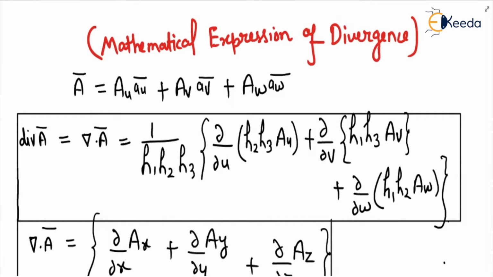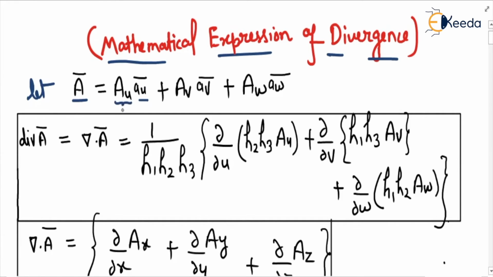Now we talk about the mathematical expression of the divergence. Suppose that a vector has a_u as the unit vector and A_u as its component or magnitude. a_v is the unit vector in the v direction and A_v its component. a_w is the unit vector and A_w is its component in the w direction.